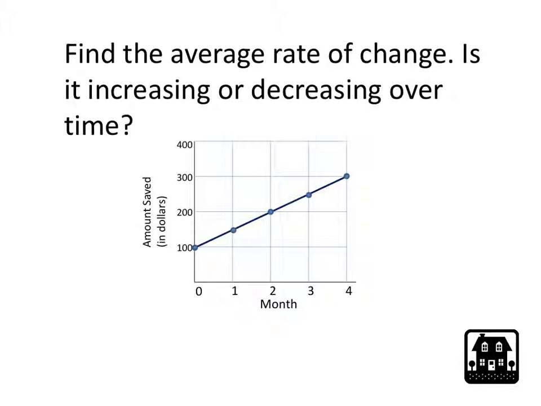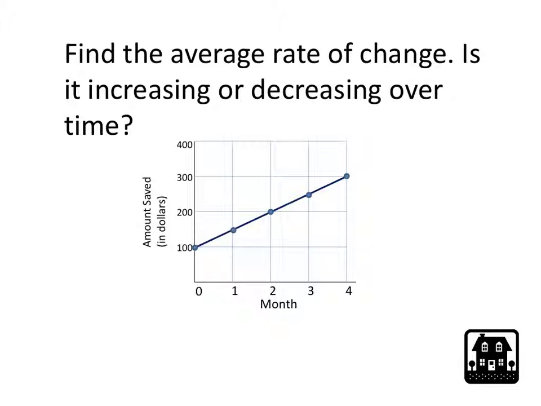So in this case, a family may have been saving money, and before they began saving, they had $100 actually in their savings account. So in 2 months, they had $200 in their savings account. So between 0 and 2 months, they had an increase of $100. So the rate of change is $100 over 2 months.